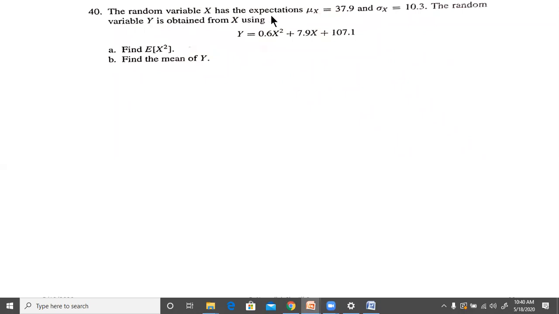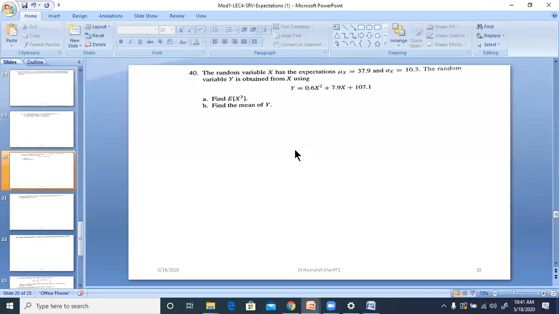The random variable x has the expectation mu x equal to, how much is this? 37.9, and sigma x equal to 10.3. The random variable y is obtained from x using y equal to this. Find E x square, find the mean of y.